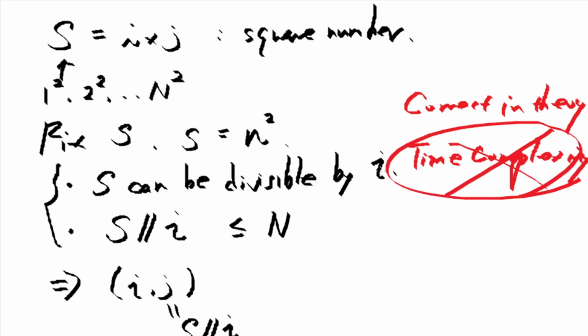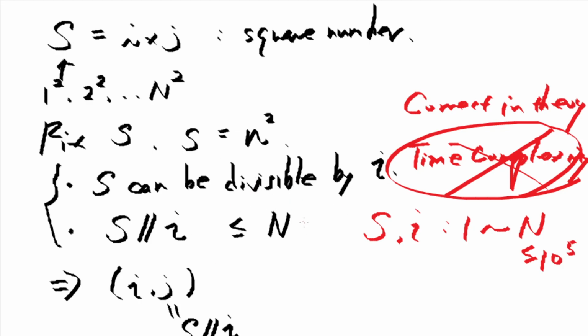It is because S and i range up to n, and n is at most 10 to the fifth.